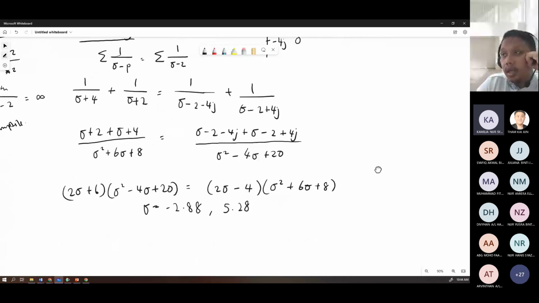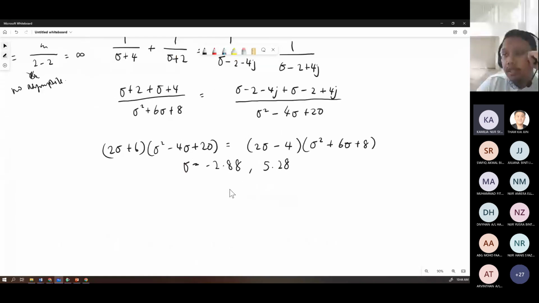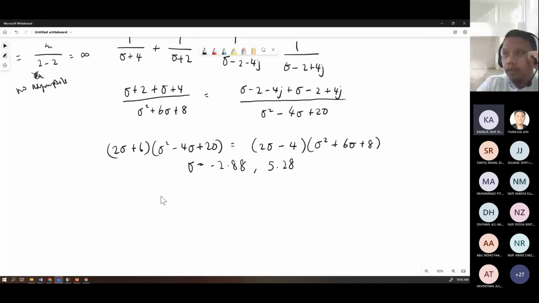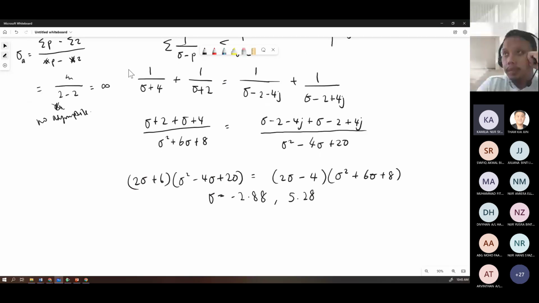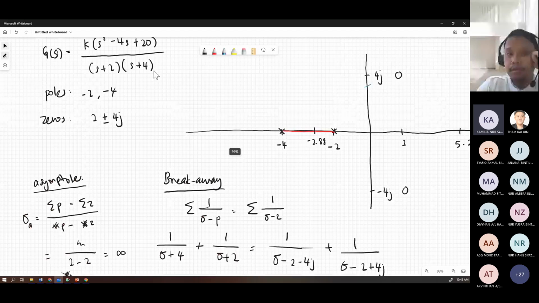Okay, now we calculated the breakaway points. Then the question asks you to calculate the J omega axis crossing and the range of K. So for J omega axis crossing, we have to find the closed loop transfer function.